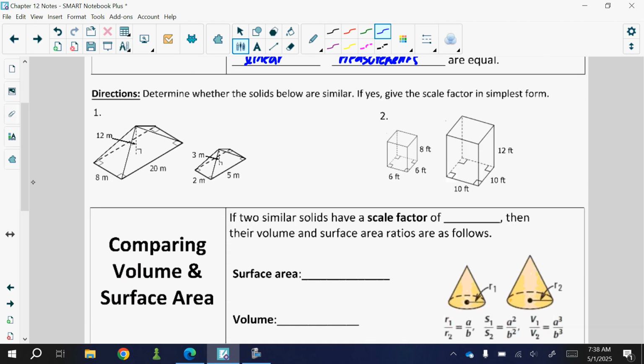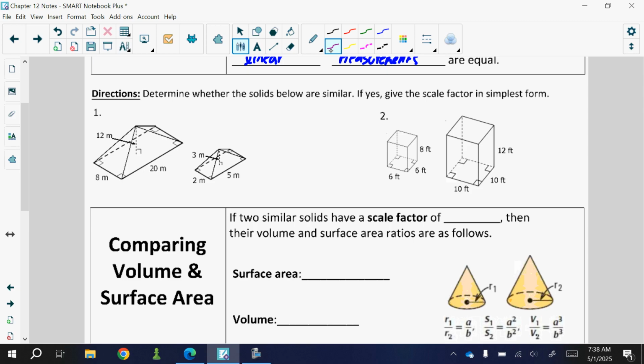So for example, it says determine whether the solids below are similar. If yes, give the scale factor in the simplest form. So basically you're going to compare their sides to one another, but they need to be corresponding sides. And in this case, it does not say which solid you're going to from the other.